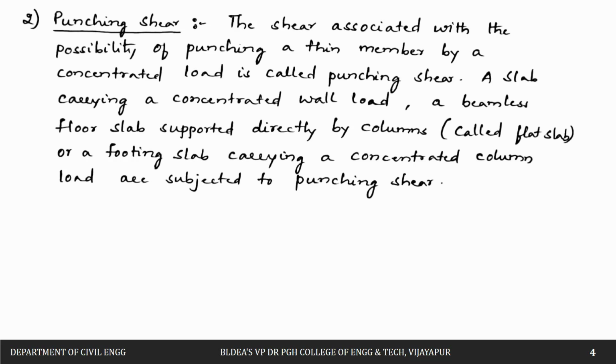You will come across these types of cases when you have a concentrated wall load on a slab. The next is a beamless floor slab supported directly by the columns. Generally we have a framed structure, that is slab, beam, column and footing. If you don't have a beam, and the slab is directly resting on the column, then it will be subjected to punching shear.